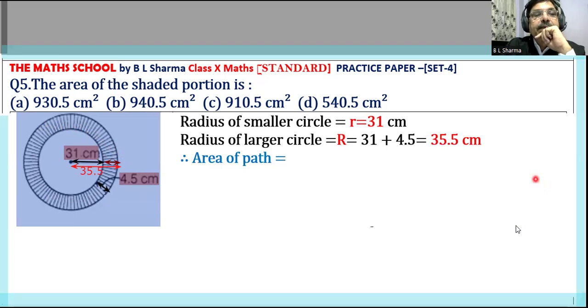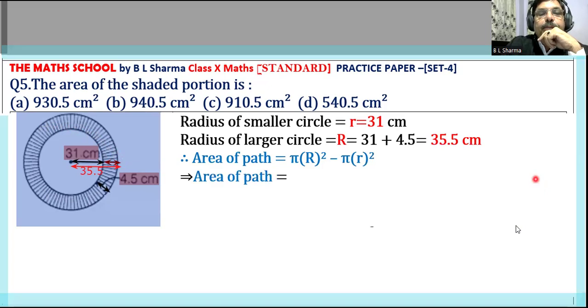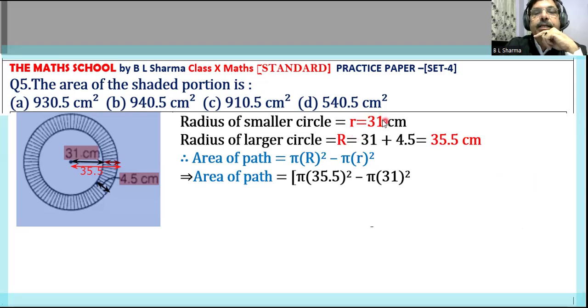Area of the path, meaning the shaded region, is the area of the larger circle minus the area of the inner circle. Area of path is pi R square, where the outer circle radius is 35.5 whole square, and the area of the inner circle is pi r square, but the radius of the inner circle is 31 centimeter. You just have to simplify and get your answer.